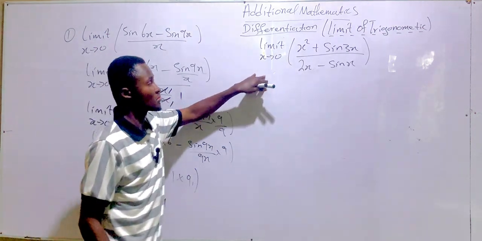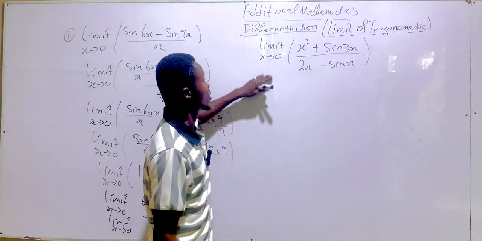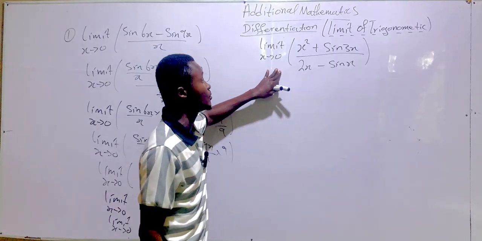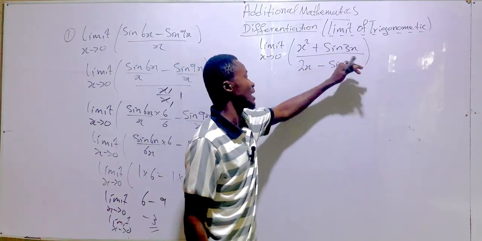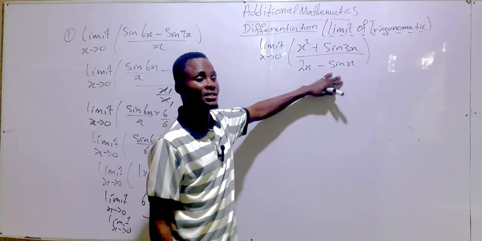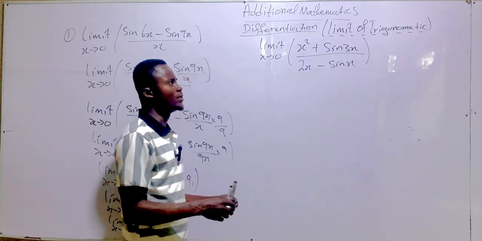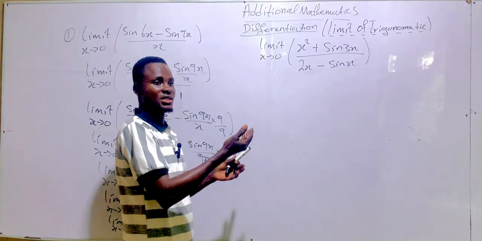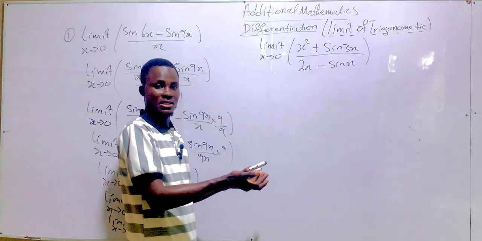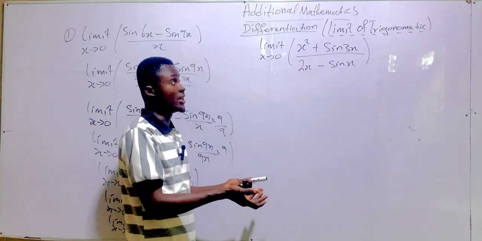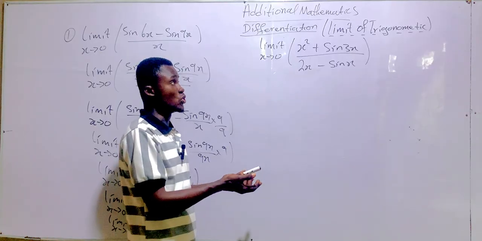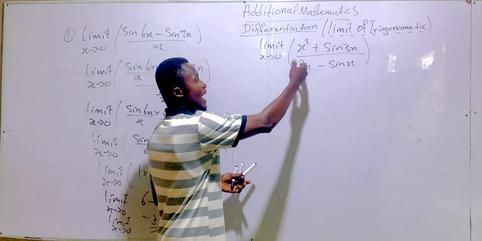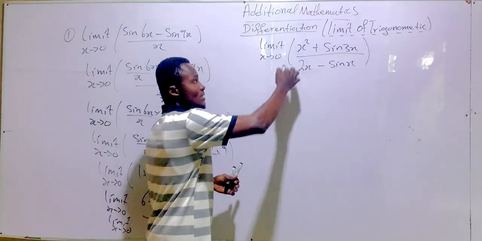Now when we come here, this is example 2. This also has the limit as x approaches 0 of x squared plus sine 3x all over 2x minus sine x. Now what do we do here? Since we are dealing with limit, then we know the principles or the rules of the limit. So the first thing I'm supposed to do is divide through by x, not x squared.